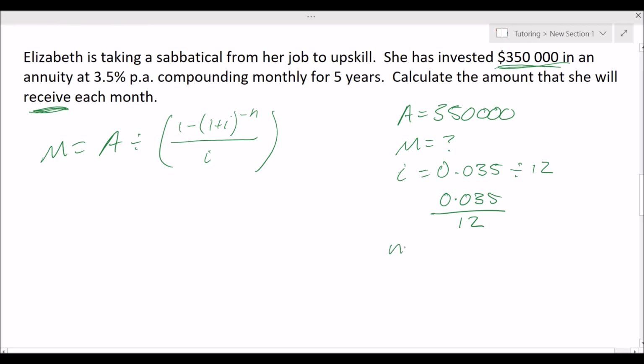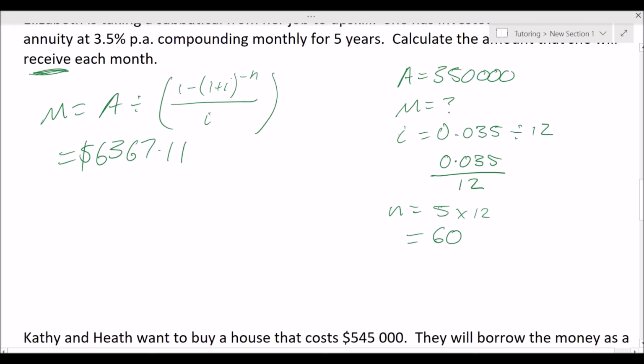Okay. The n value is 5 lots of 12 months, so 60 months in total. Okay. When you put all that into your calculator, you get $6,367.11. So that's how much she will receive each month, and that will deplete the account.